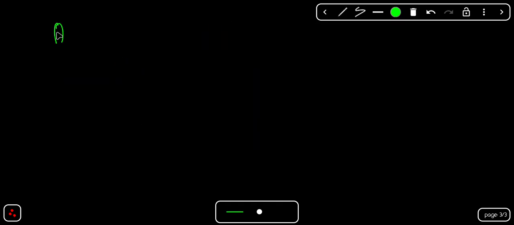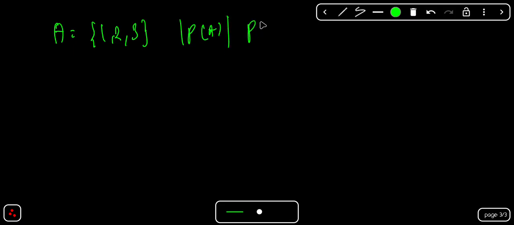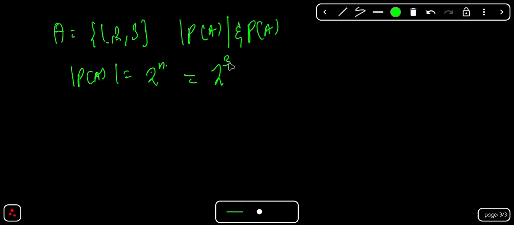Given set A equals {1, 2, 3}, we are asked to find the cardinality of the power set of A, and also the power set of A. Using the formula, the cardinality of the power set of A equals 2 raised to the power of n, where n is the cardinality of A. We can see 3 elements in A, so we have 2 raised to the power of 3, which is 2 multiplied by 2 multiplied by 2, which is equal to 8. So if you find the power set, you must have 8 total subsets.